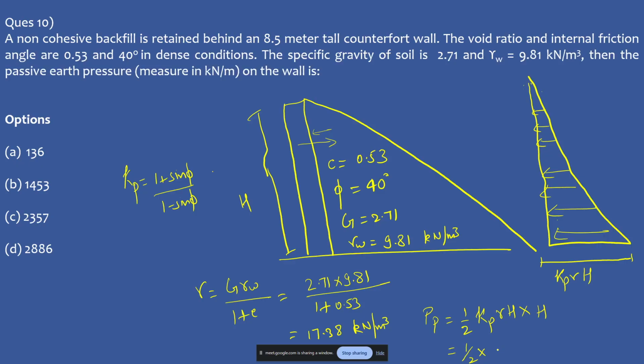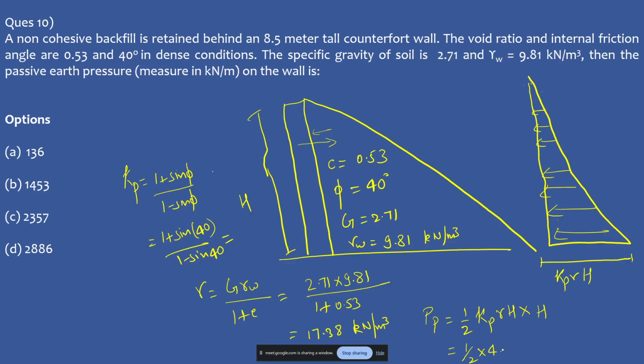Half into Kp, and yeah, Kp is your (1 + sin φ)/(1 − sin φ), with φ = 40. It's basically 4.59. How much Kp value are you getting?